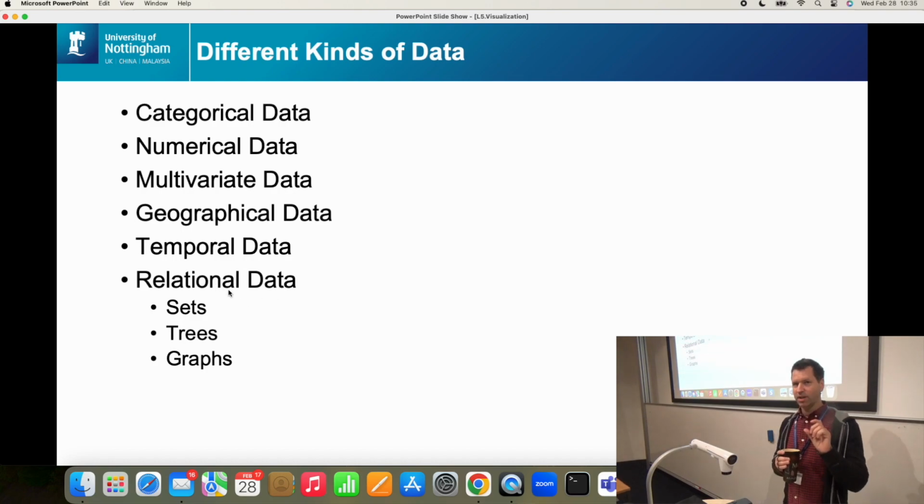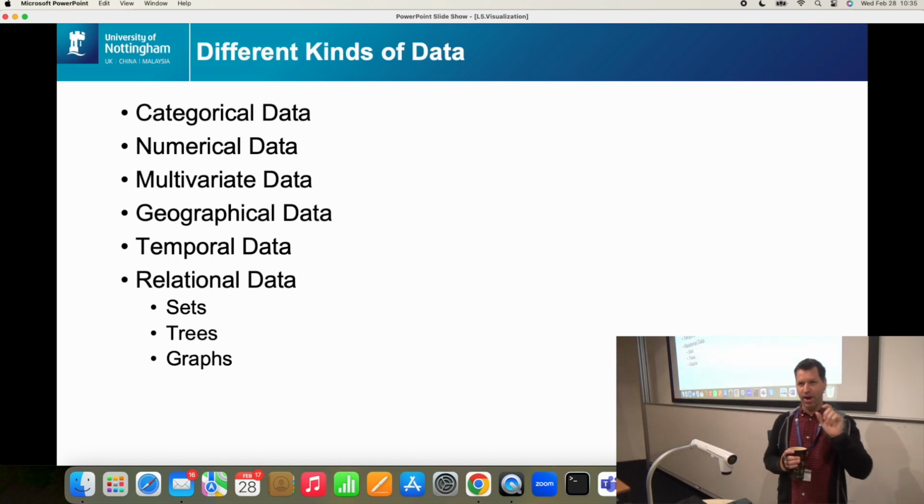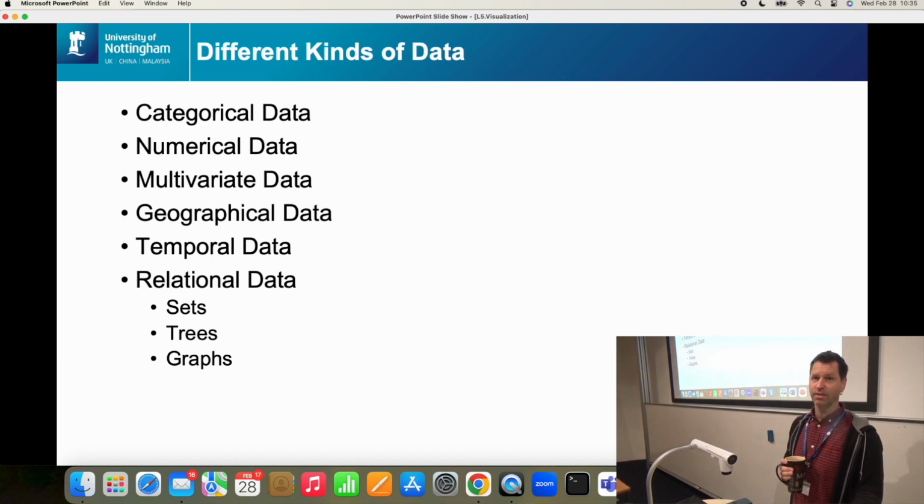So data that compares things, right, with respect to something else. Something might be a child or a parent of something else, greater than or less than something else, or somehow connected. And we use different visual representations for all these different types of data.